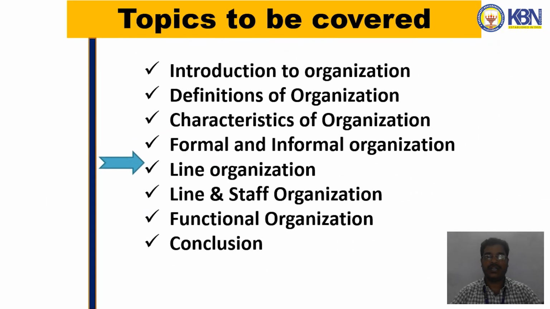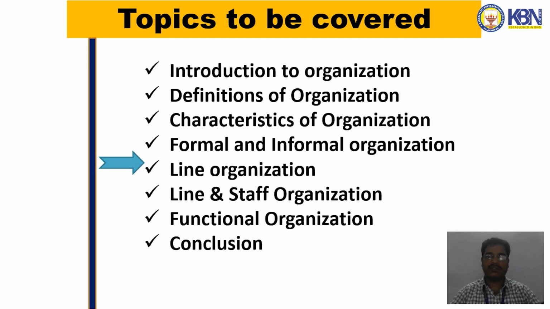We are going to learn about the introduction to organization, definition of organization, its characteristics, and we have two different types of organizational structures which every organization normally follows, that is formal and informal organizations, and we have some organizational designs also.